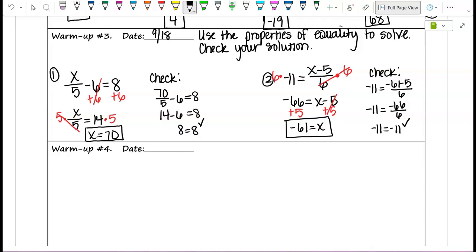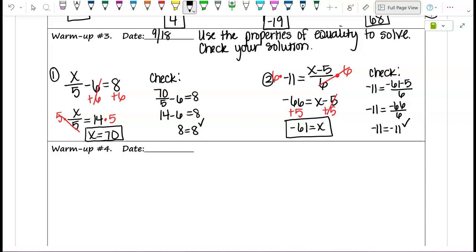Are you talking on the problem or the check? That's what I did first, was negative 61 minus 5. There's nothing to do on the left side. We're seeing, does the right side equal the left side? So we're not multiplying on the check. You're only working out the one side.